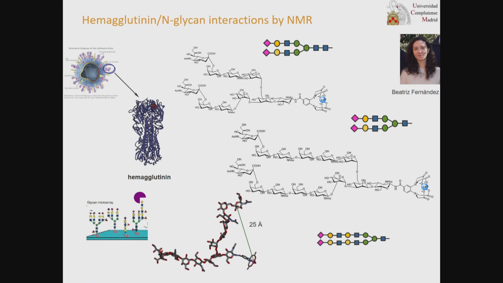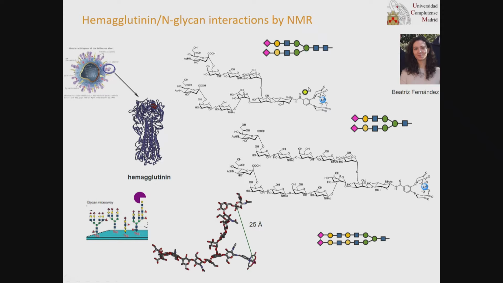Then, in this context, we decided to try to see if we can say something by NMR. But in order to distinguish the arms, we need the lanthanide, and we could synthesize these structures with the lanthanide binding tag. This work is the thesis of Beatriz Fernandez, who is working with me, and she has studied these structures.